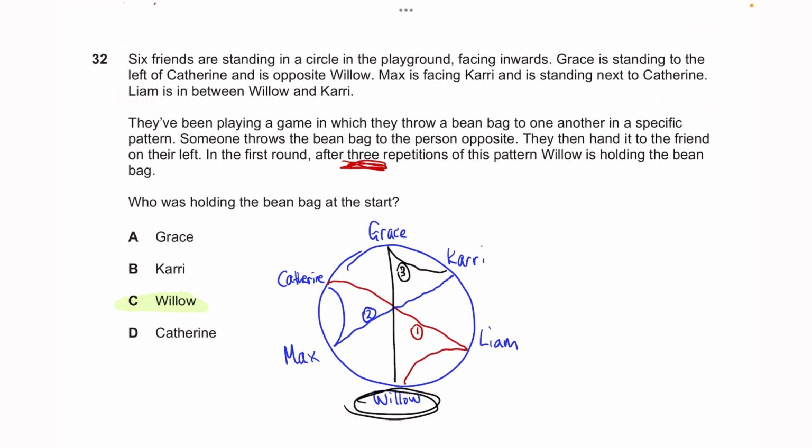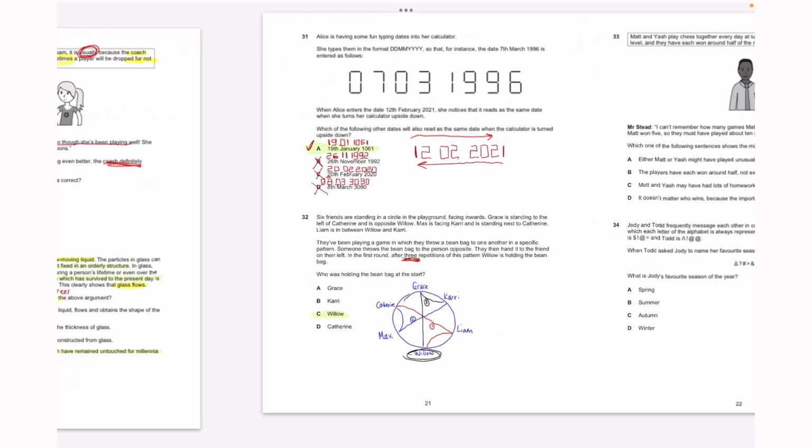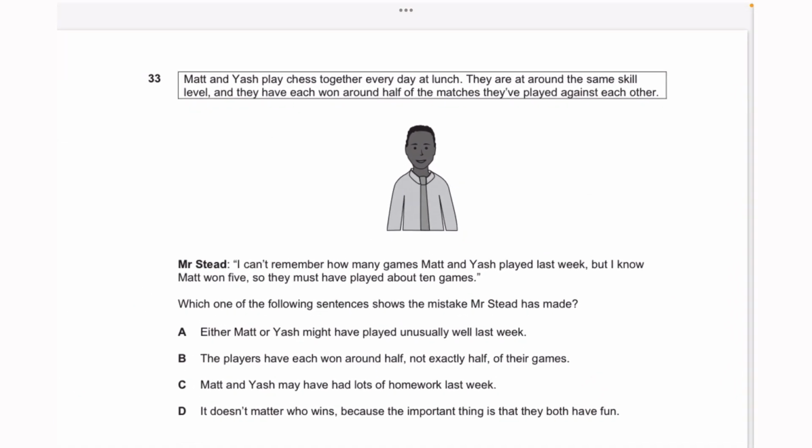However, it also introduces a new aspect, which is the movement of a beanbag around a circle. You really needed to understand the language involved to be able to work this out. Ultimately students have to figure out where the beanbag ends up. So that's question 32. Let's move on to the next question, which is question 33.